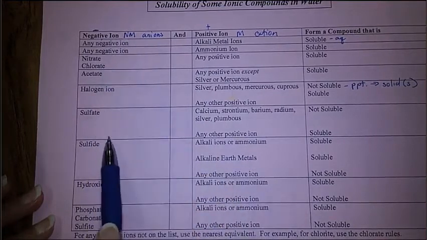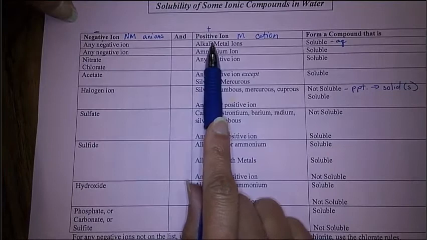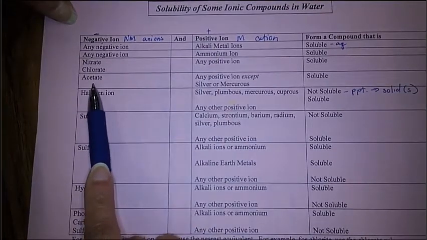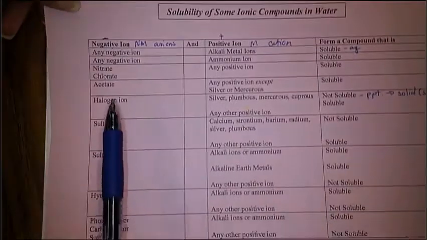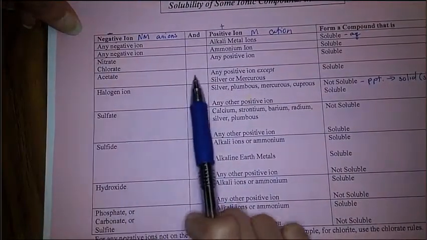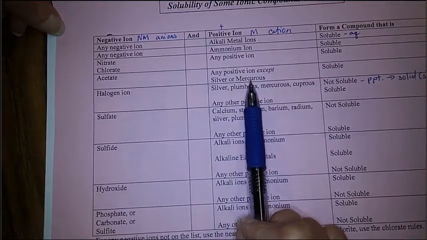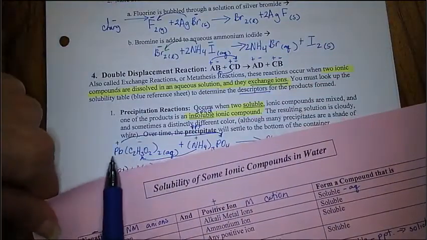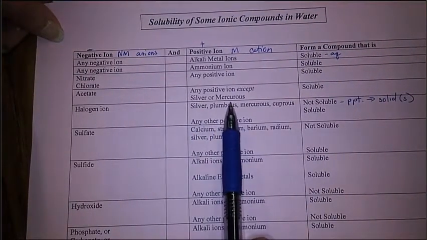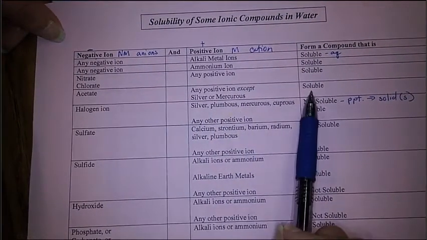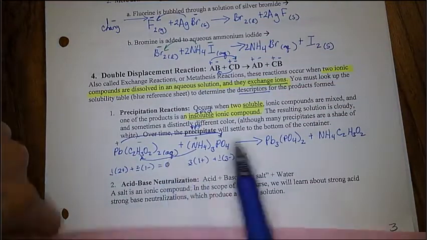This is my anion, and I'm going to match it up with my cation, which in this equation is lead. So if I go straight across, it says any positive ion except for silver and mercurous. Is lead one of the exceptions? It's not silver, nor is it mercurous, so therefore it is soluble. So that's why I have aqueous there.